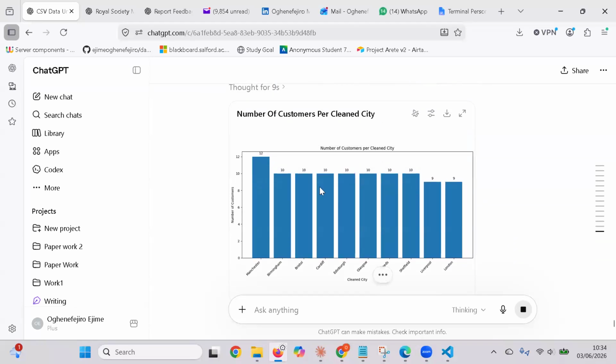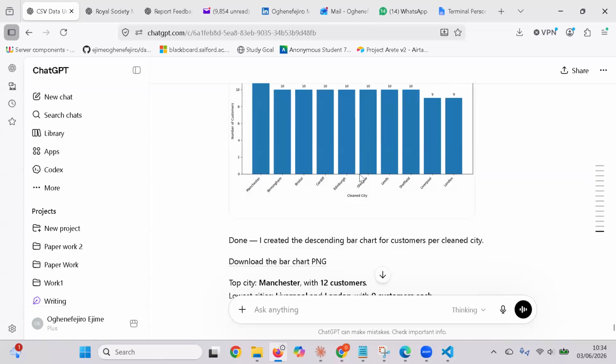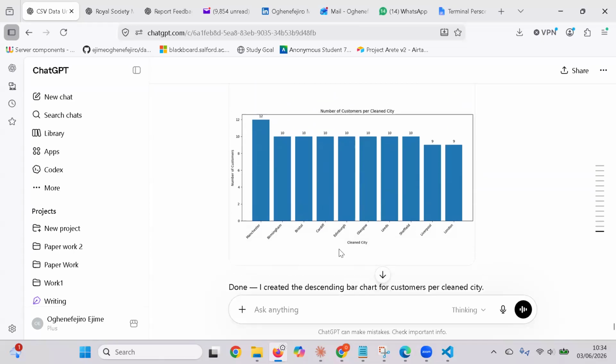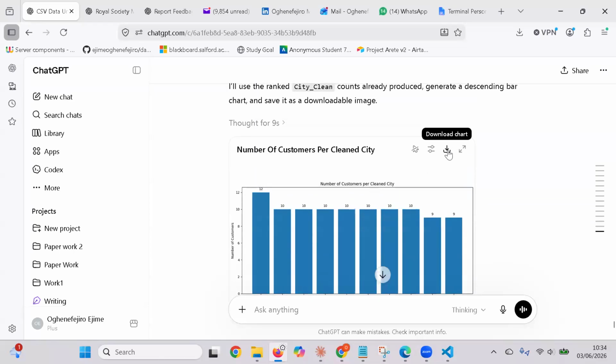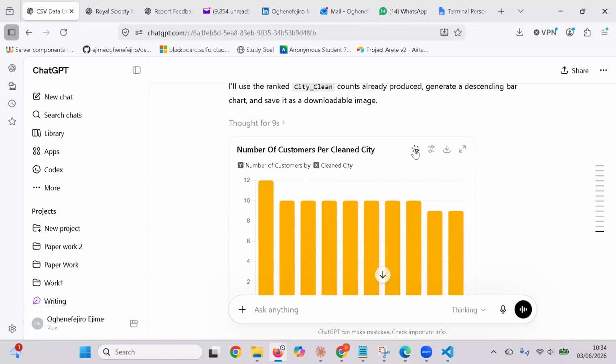Okay, look, now it has come up with this for us. See, you can actually change the color.